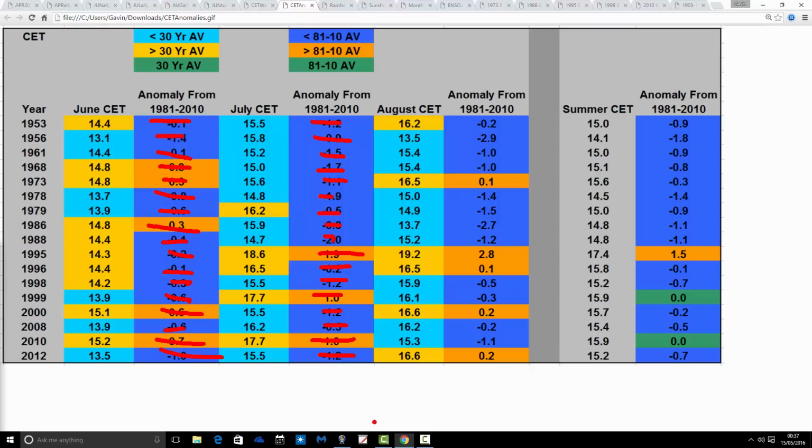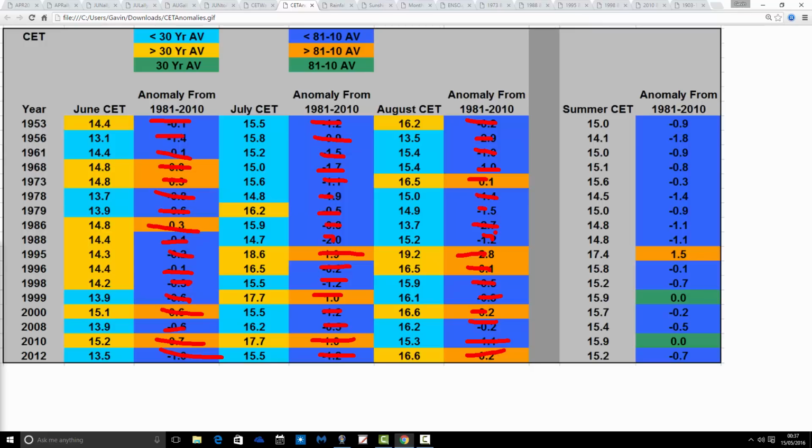It's a similar story as we go through to August. Again, of the 17, we've got 1, 2, 3, 4, 5, 6, 7, 8, 9, 10, 11, and 12 Augusts that are cooler than the 81 to 2010 average, and 1, 2, 3, 4, 5 Augusts that are warmer than the 81 to 2010 average.